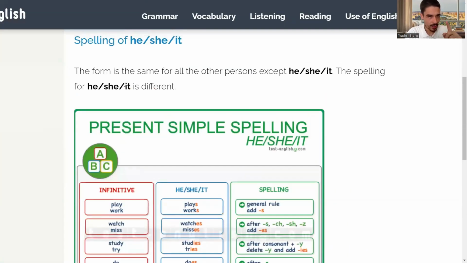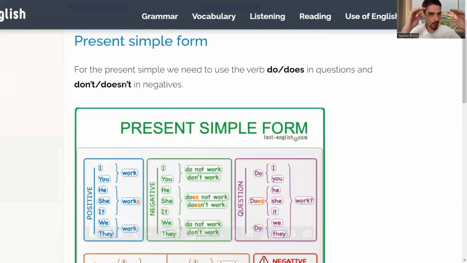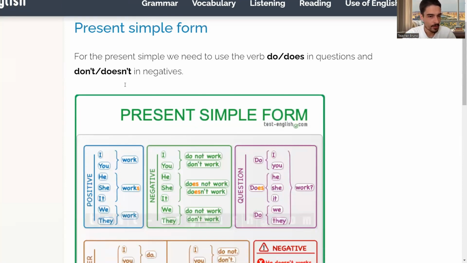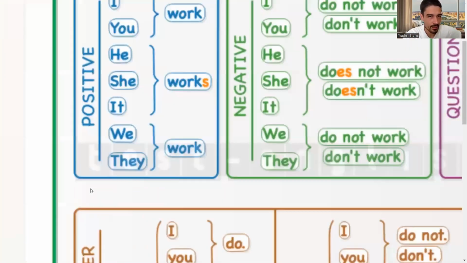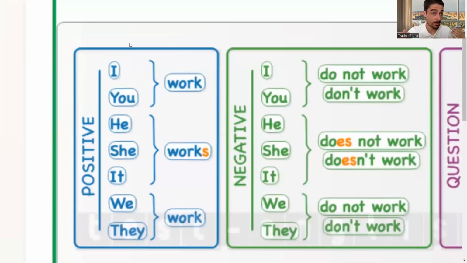Let's take a look at the verb conjugation. Positive. I work, I play, I study, I read, I watch, I listen, I speak. I, you, we, they. But for the third person, there's a difference here.